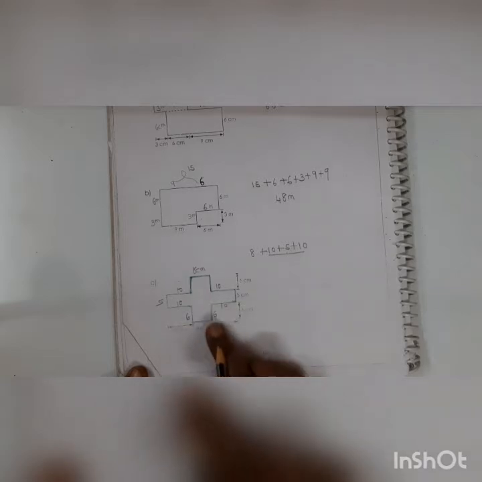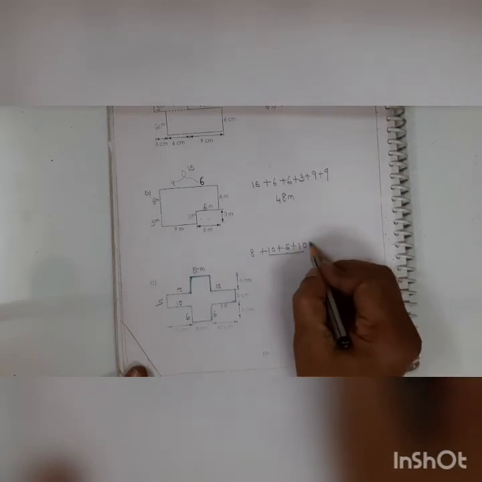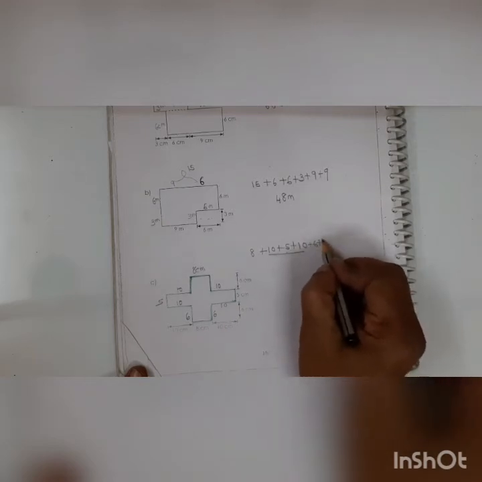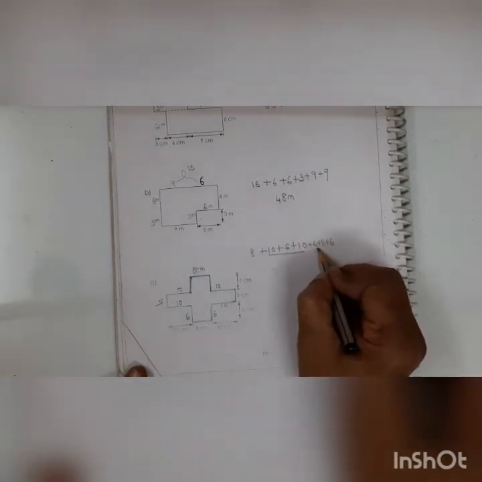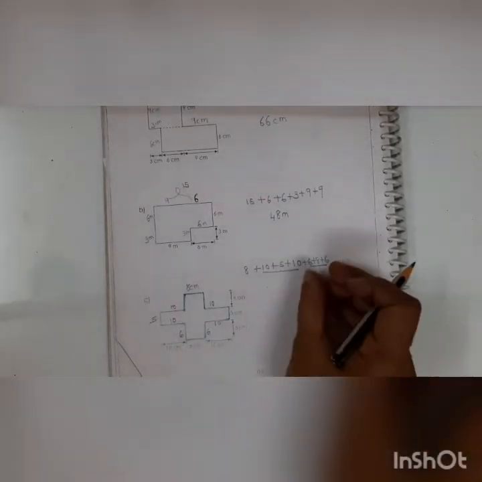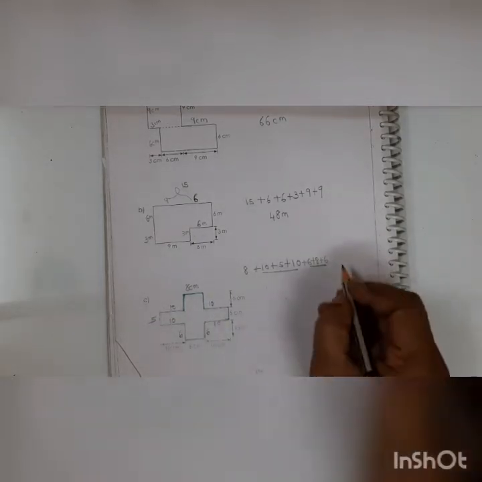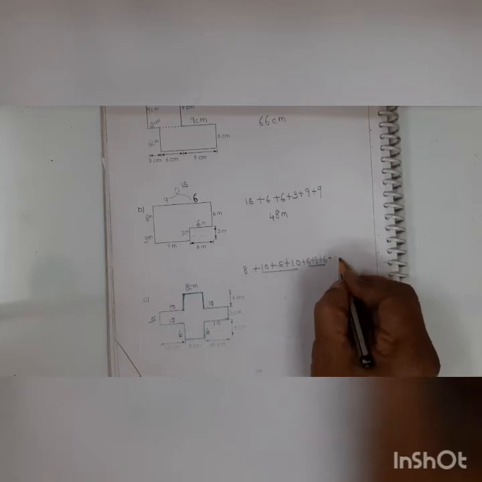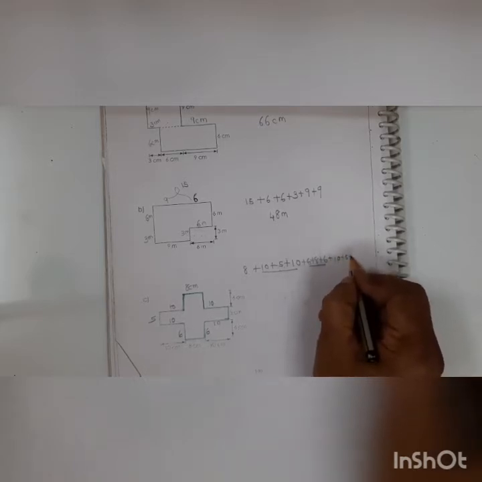Now you take this part of the figure, that is 6 plus 8 plus 6. Then you put a dash here. Underline those common ones, so you know this is one figure, this is another figure. Now this figure is left, that is 10 plus 5 plus 10. So add, don't forget your signs, 10 plus 5 plus 10.